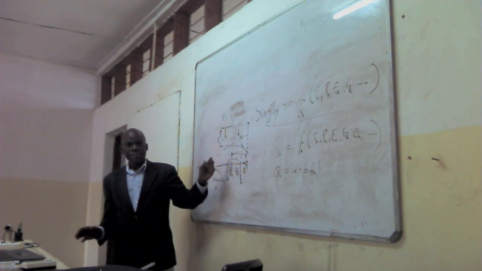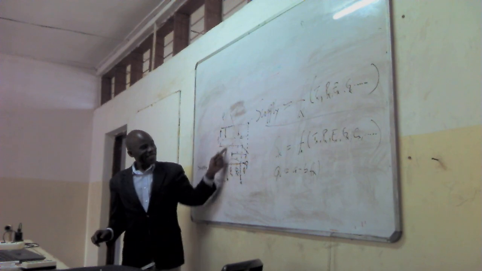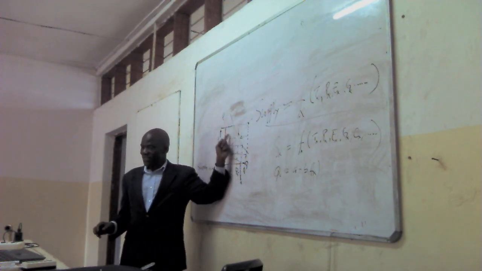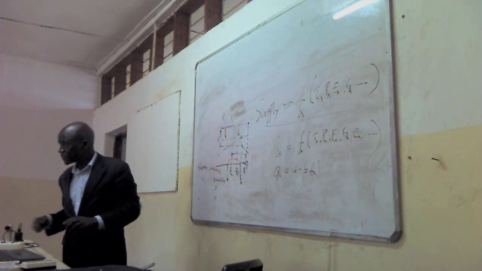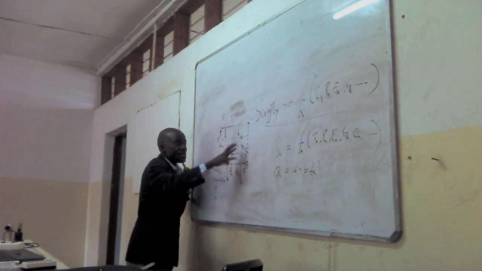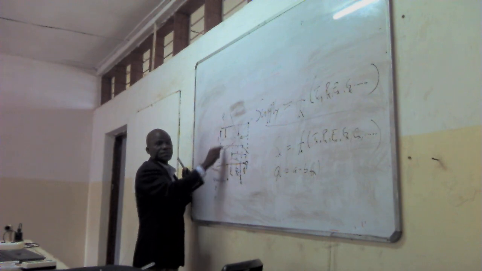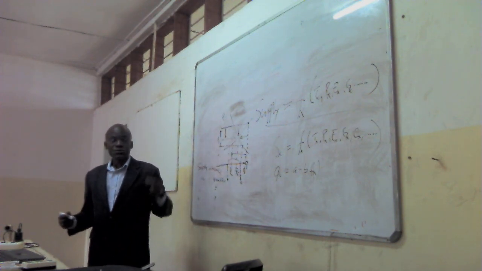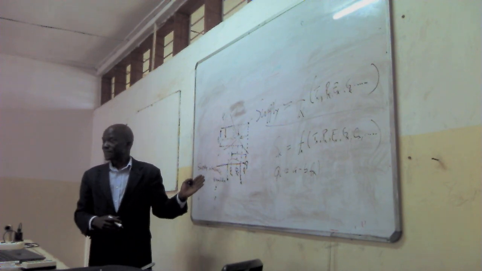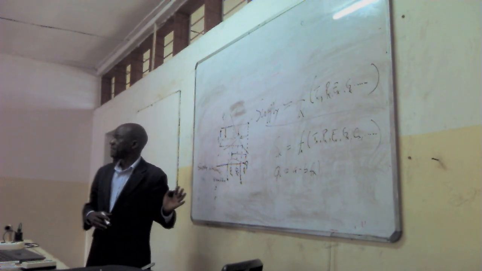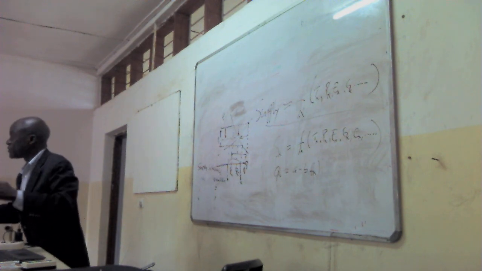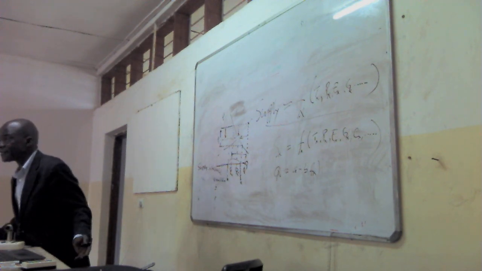But we know that the equilibrium is where these lines cross, and these lines can cross somewhere else within this diagram. They don't have to cross at that point. Sometimes you will find that due to an increase in wealth, everybody has money.